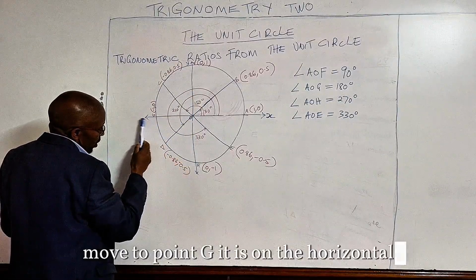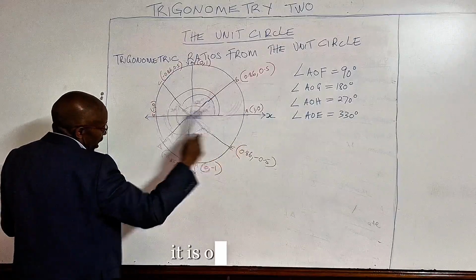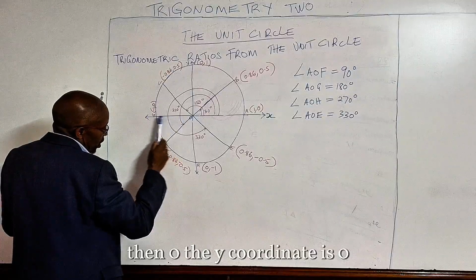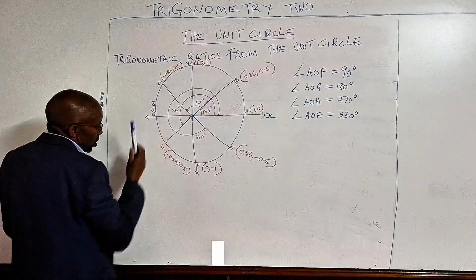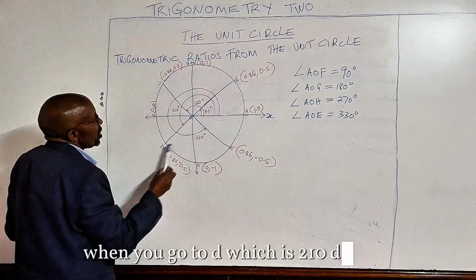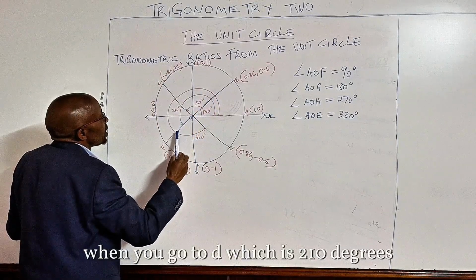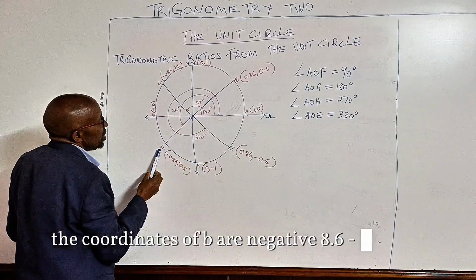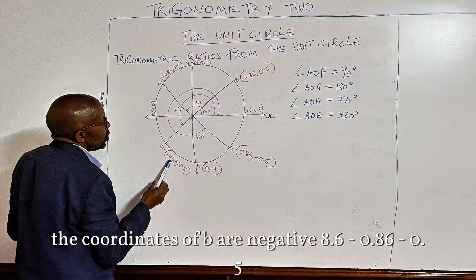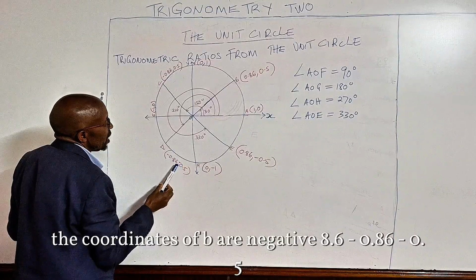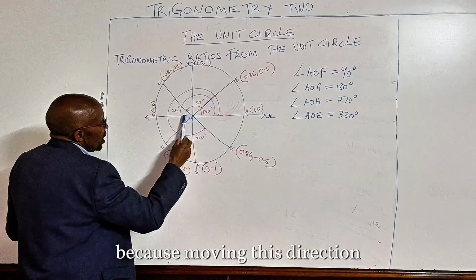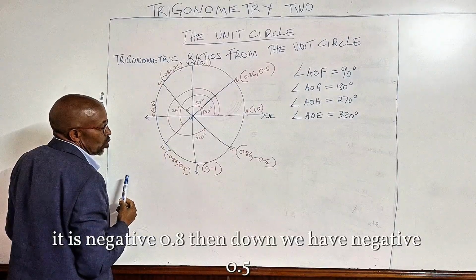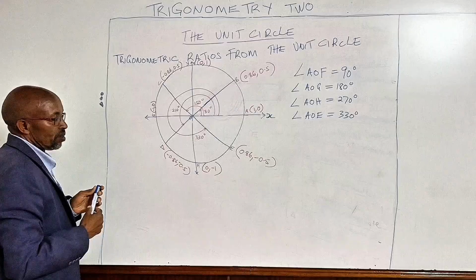Move to point G, it is on the x-axis, but on this side it is negative 1 unit, and the y-coordinate is 0, so we have the coordinates as negative 1, 0 for G. When you go to D, which is 210 degrees anti-clockwise, the coordinates of D are negative 0.86, negative 0.5, because moving this direction it is negative 0.86, then down we have negative 0.5.